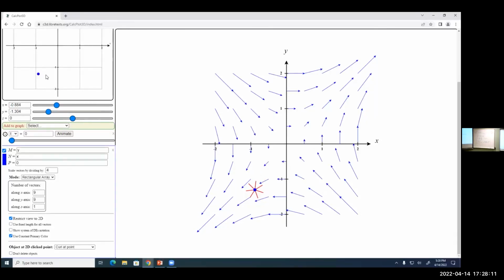Okay. So just to wrap up, here are the big things I want you to take away from today. Curl is basically a rate of rotation, like how quickly is this thing rotating at a single point? Divergence is the tendency to act as a source or sink at a single point. We need to be able to calculate them in 2D and 3D. We have formulas for that.